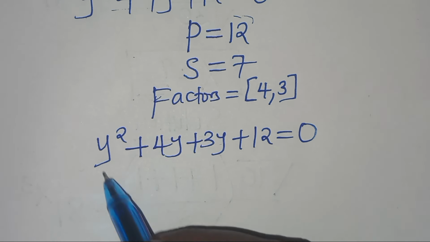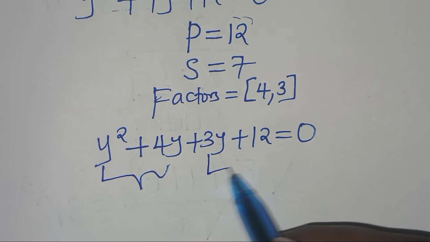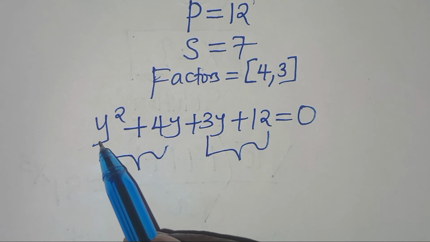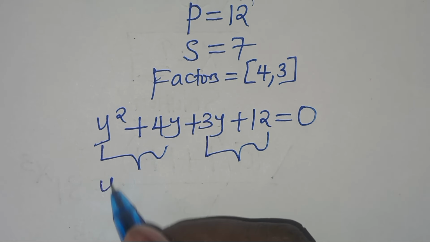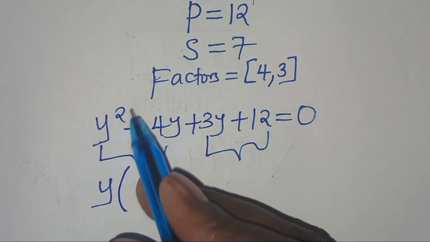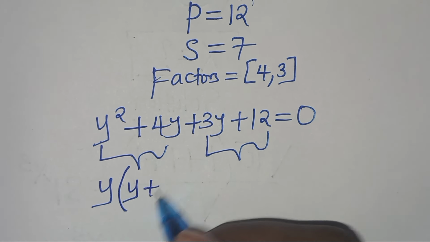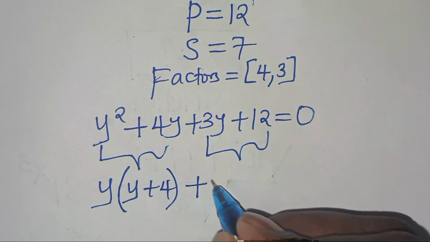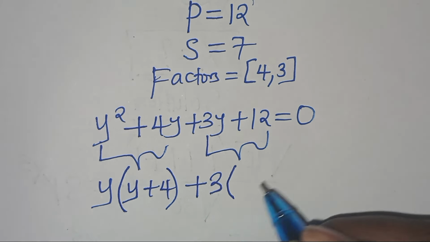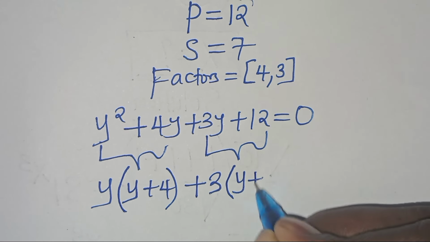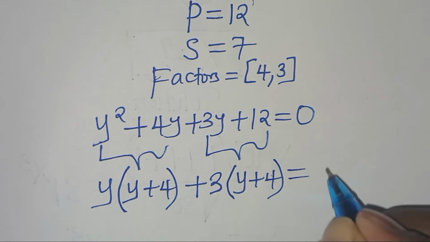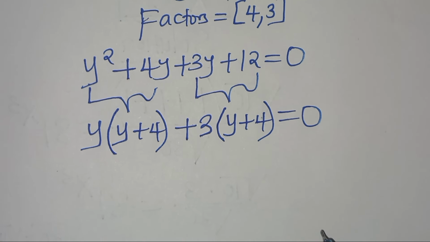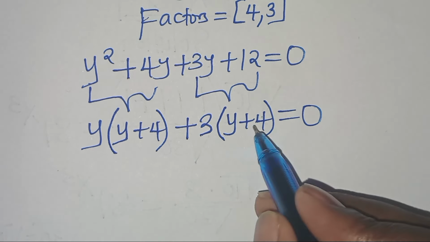So we have got two parts here, such that y is common in the first part. So we have y in the parentheses, this is y plus 4. Then plus, in the second part here, we have 3 common in the parentheses, this is y plus 4. Then this is equal to 0. So we have y plus 4 common.